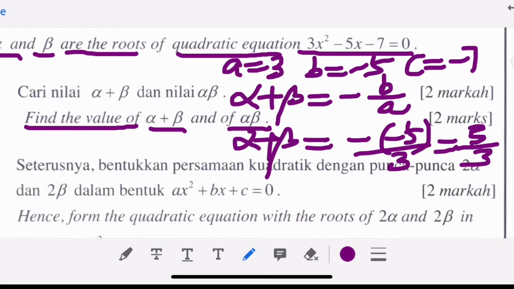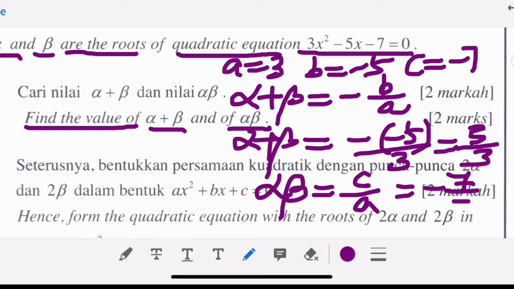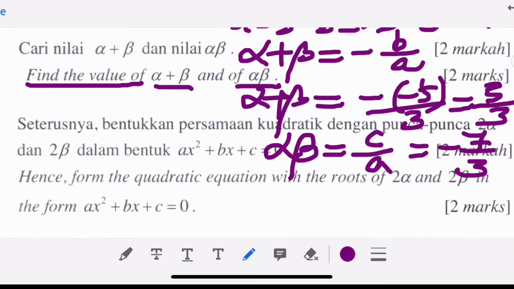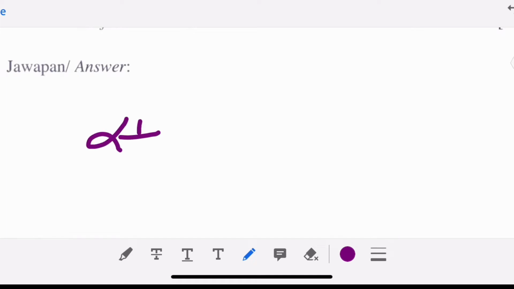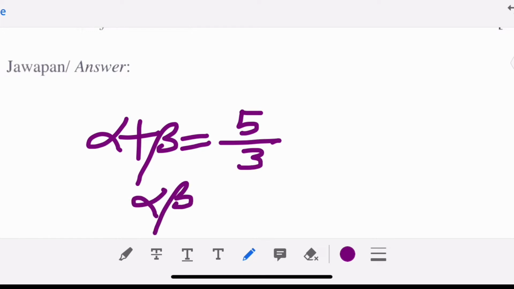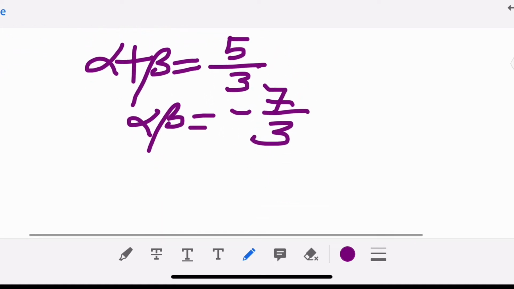And for alpha beta, you will get c over a, which is negative 7 over 3. So if you can find alpha plus beta is equal to 5 over 3 and alpha beta is equal to negative 7 over 3, then you're entitled to 2 marks.